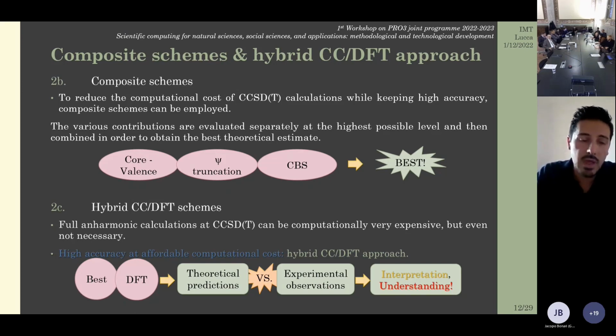On the other hand, to save computational time, we also resort to hybrid coupled cluster, or better, composite schemes density functional theory approaches, in which the harmonic properties or electronic energies evaluated through composite schemes are mixed with anharmonic contributions or zero-point vibrational energies evaluated by means of density functional theory, thus achieving a saving in the computational time.